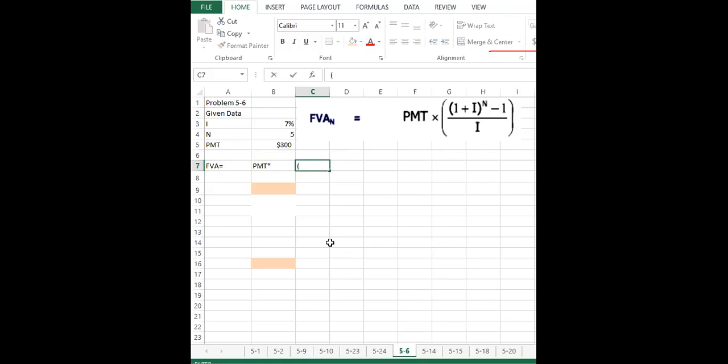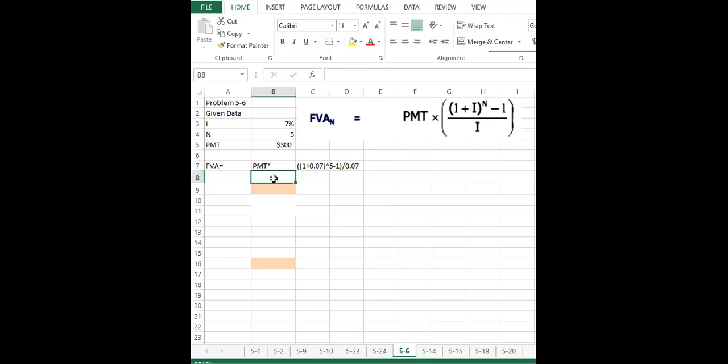The factor is 1 plus interest rate, which is 0.07, raised to the time period of 5 years, minus 1, and divided by the interest rate. So this is the way to calculate the factor.